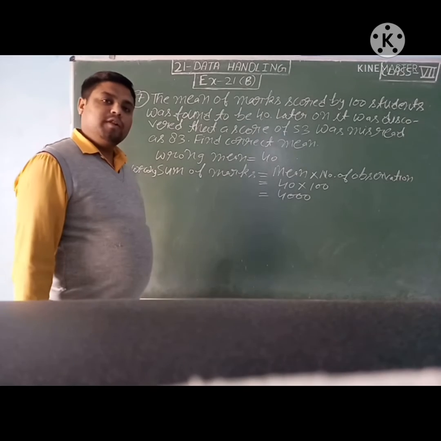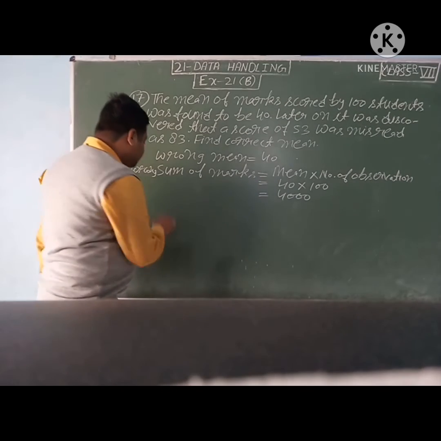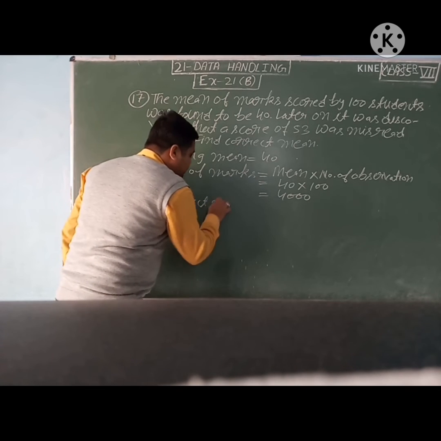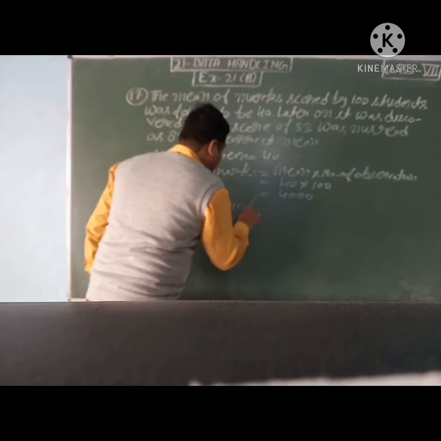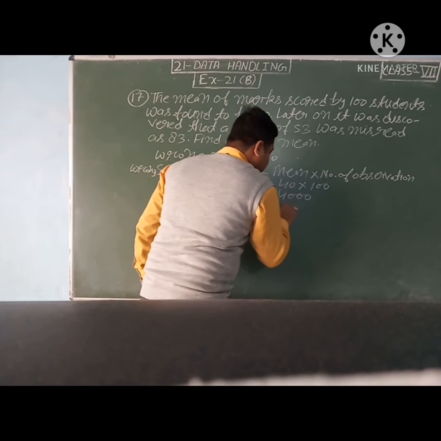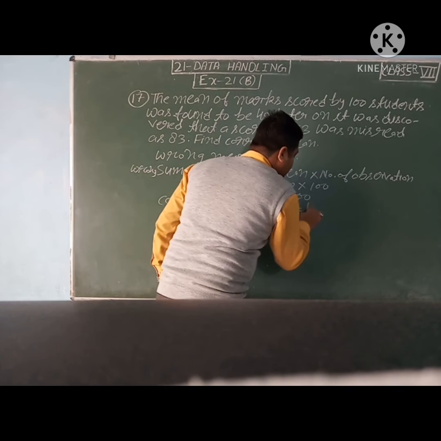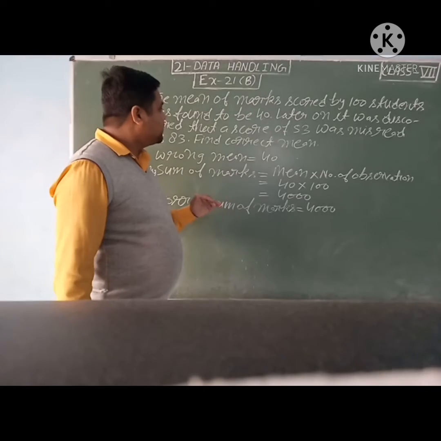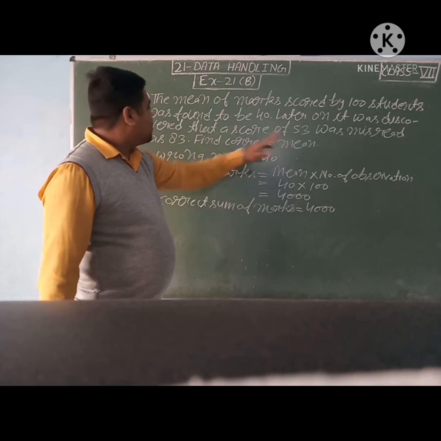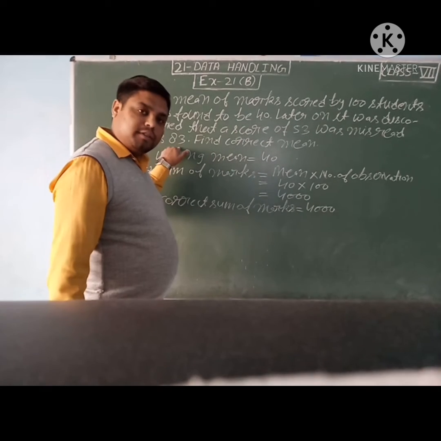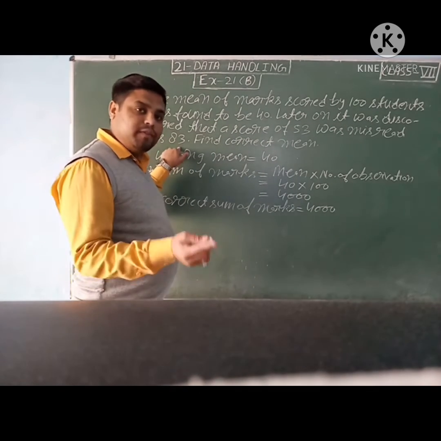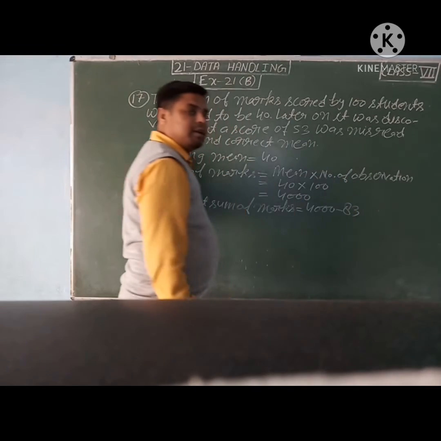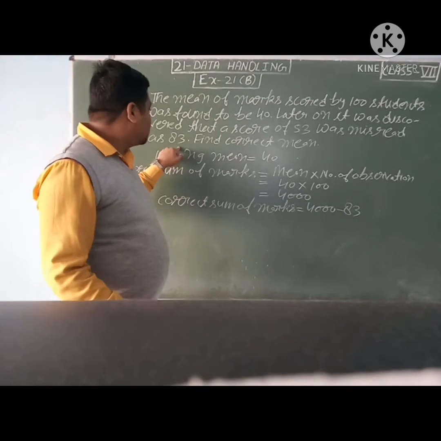With this we will find the correct sum. So correct sum of marks is equal to, first we will write 4000. 53 was misread as 83. It means we will subtract 83, the number which we added wrongly.